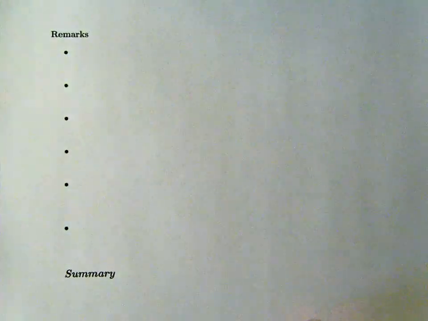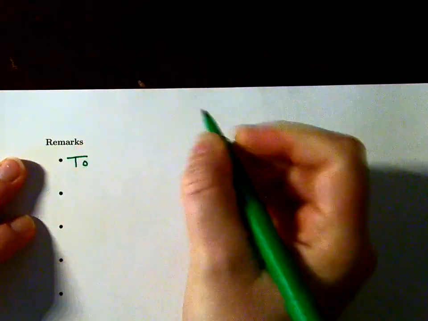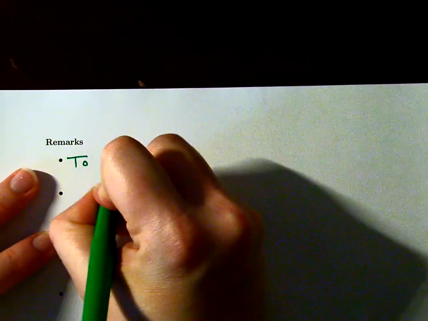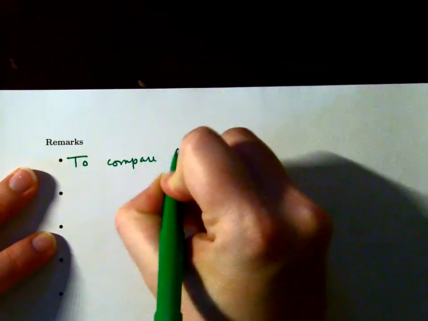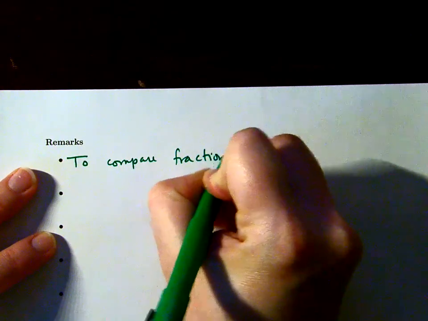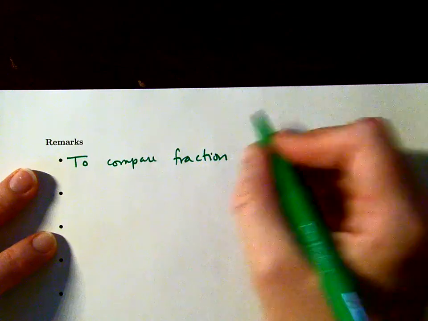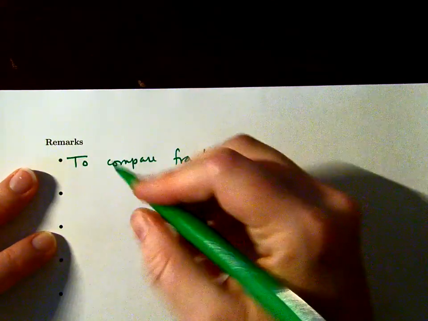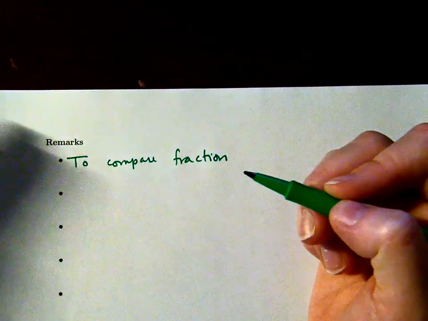Okay, I have several remarks. So let's jot them down and talk them out. First, to compare fractions, they have to come from the same whole. It doesn't make sense to compare inches to feet, ½ an inch to ½ a foot, unless you actually say it like that.